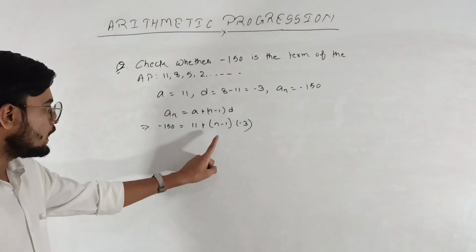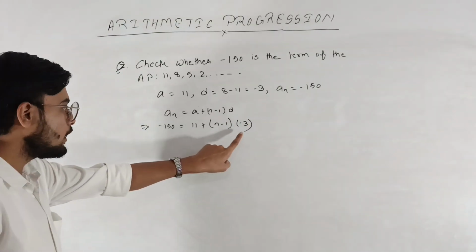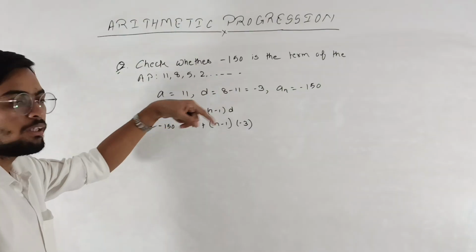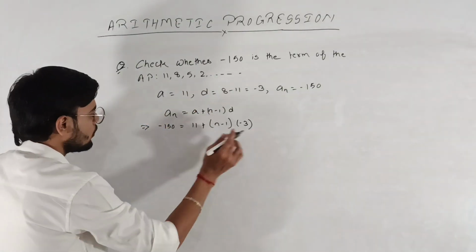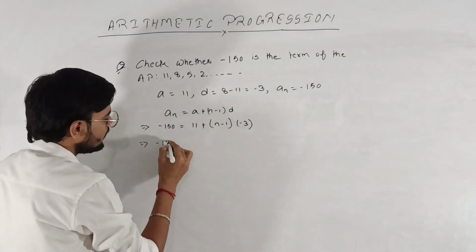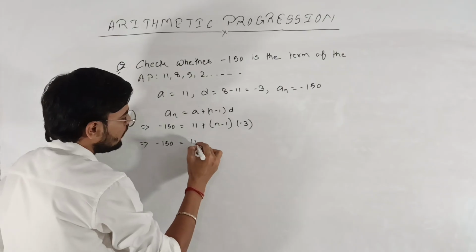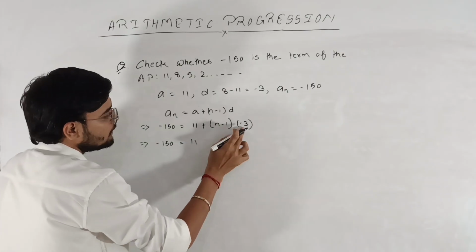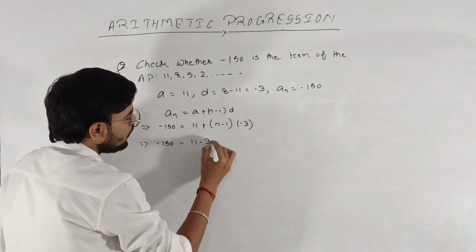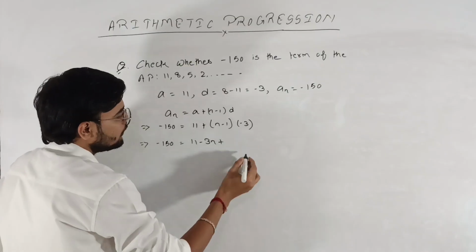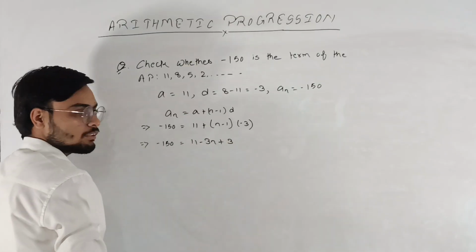Now after solving this, if I get the value of n as a whole number, then I say yes, this is a term of the AP. Understood? Now solve this. Minus 150 is equal to 11 plus (n minus 1) times minus 3, and minus times minus is plus, so this is 3.